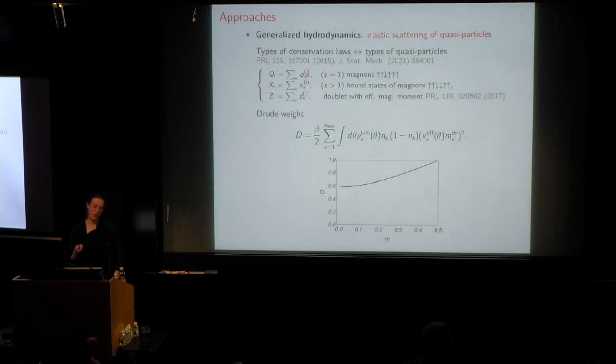Local ones map to magnons, one family of quasi-local ones to bound states of magnons, and then this third family of quasi-locals to some doublets with effective magnetic momentum.